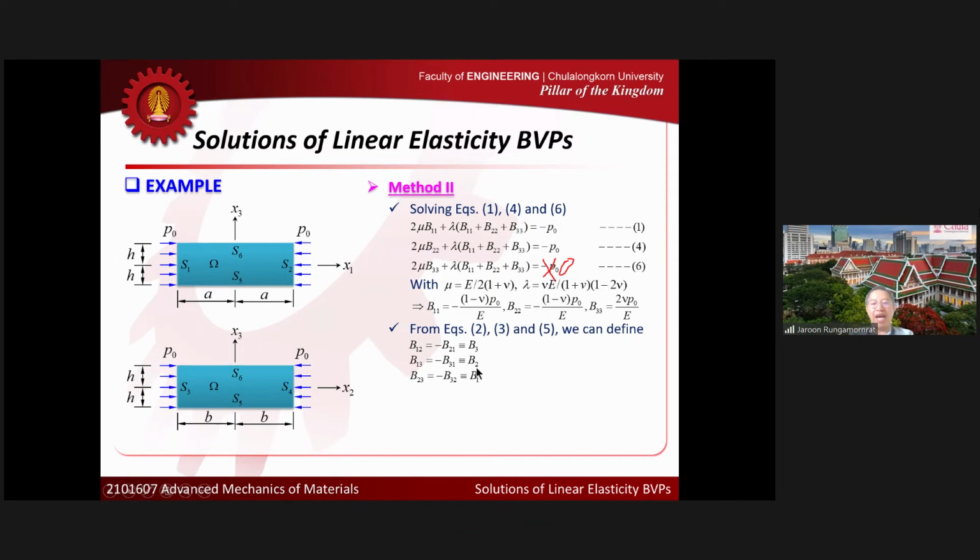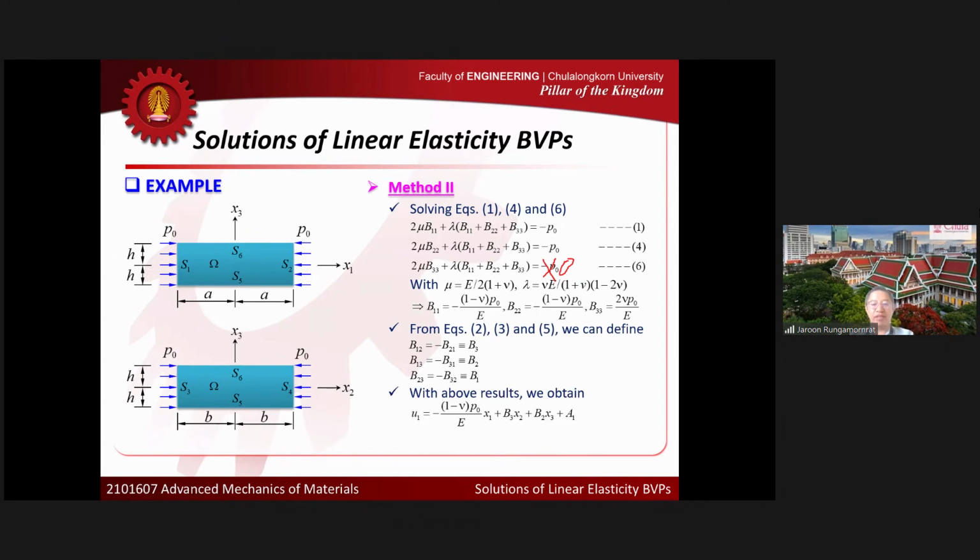So equations 2, 3, and 5 reduce the number of constants from 6 into 3. Before, we had B12 and B21, B13 and B31, B23 and B32. Now we can reduce to B1, B2, B3 based on the relationship here. These three equations simply allow you to express all 6 constants in terms of only 3.